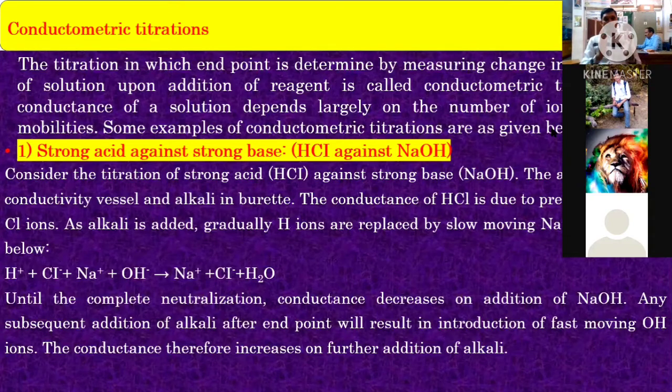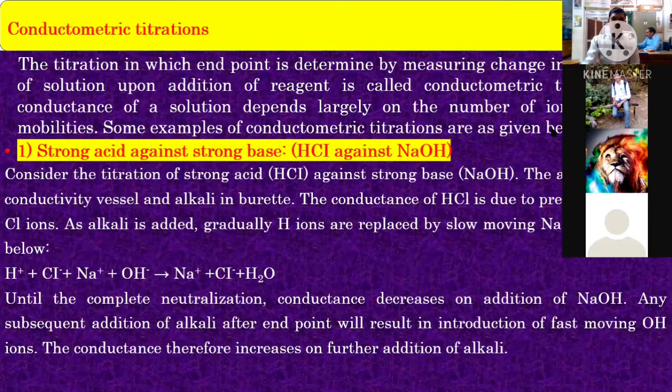First is strong acid against strong base, which is one type of conductometric titration. What is a strong acid? According to Lewis and according to Arrhenius, a number of theories have been put forth for strong acids and strong bases. What is an acid?